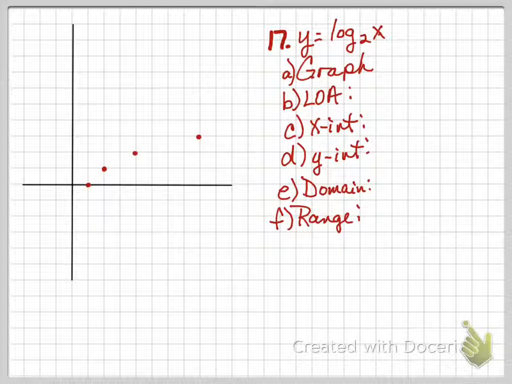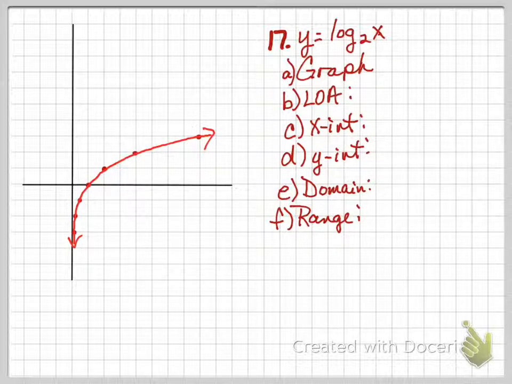That gets us good enough for now. 2 to the negative first power is 1/2. 2 to the negative second power is 1/4. 2 to the negative third power is 1/8. Draw our lines in here. Okay. So there's our graph.